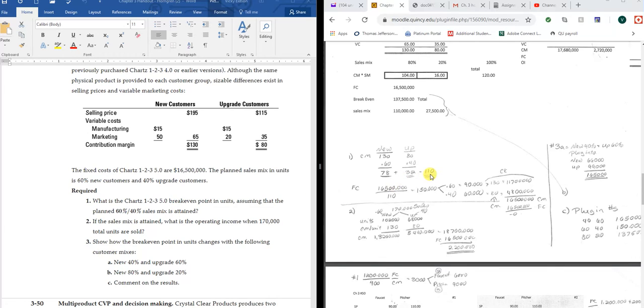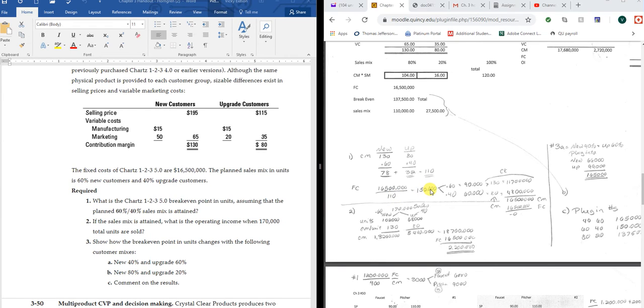So now I add those together, get 110. Fixed cost divided by contribution margin of, they call it a basket of goods. So the basket of goods is 60% of new customers and 40% of upgrade customers. Okay, so then fixed cost divided by contribution margin of the basket gives me 150,000 baskets.